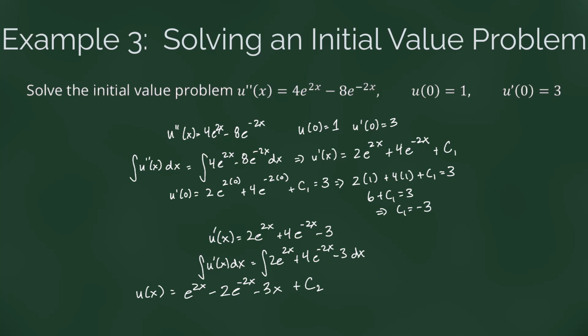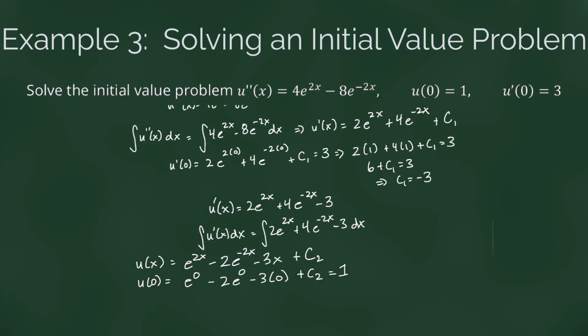But we know that u of 0, which is going to be e to the 0 minus 2e to the 0 minus 3 times 0 plus c2, equals 1. That is 1 minus 2 plus c2 equals 1, which gives us that negative 1 plus c2 equals 1.